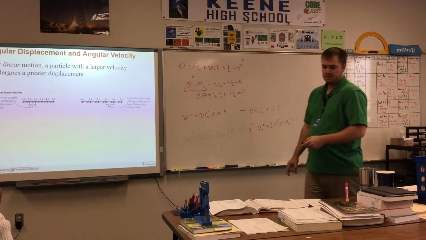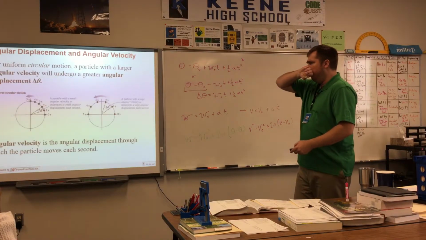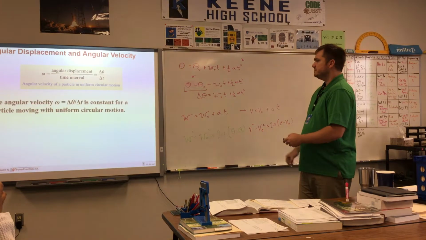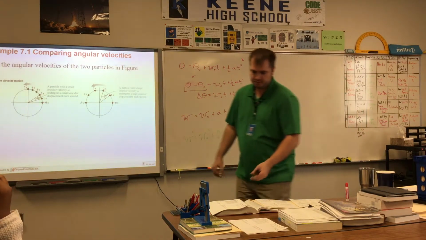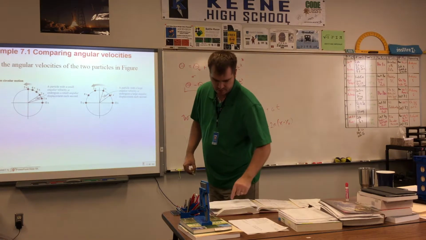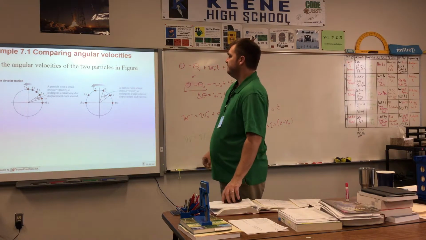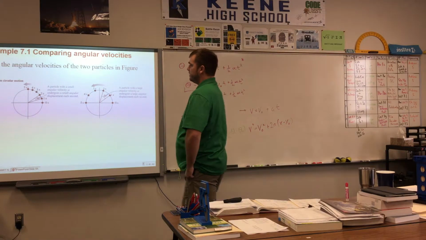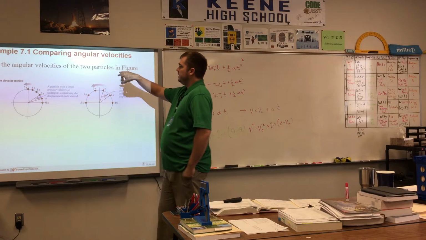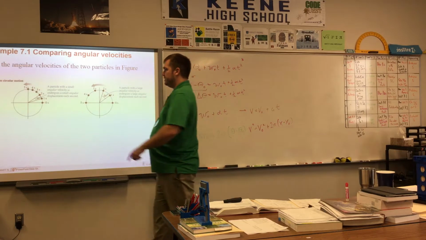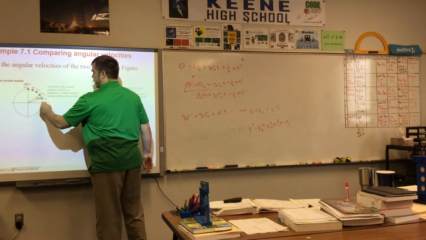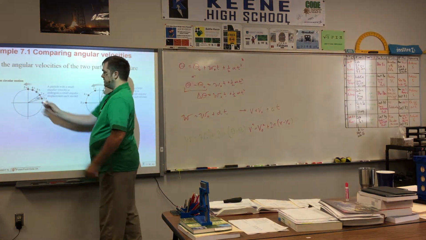S equals r theta. Example 7.1. Find the angular velocities of the two particles in figure 7.2b. So this is one thing that happens to be spinning, kind of like this.